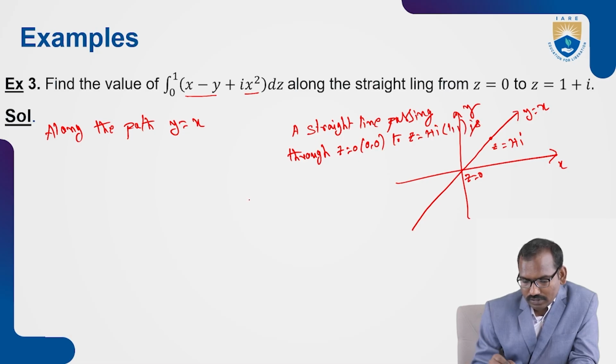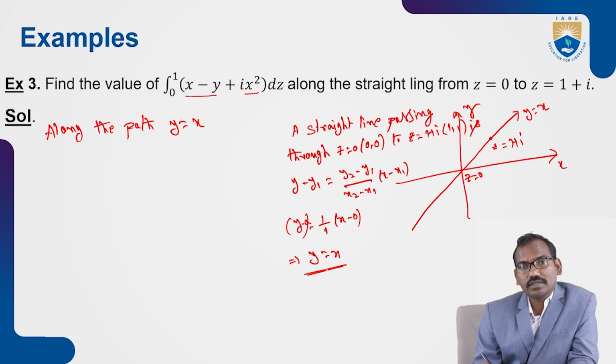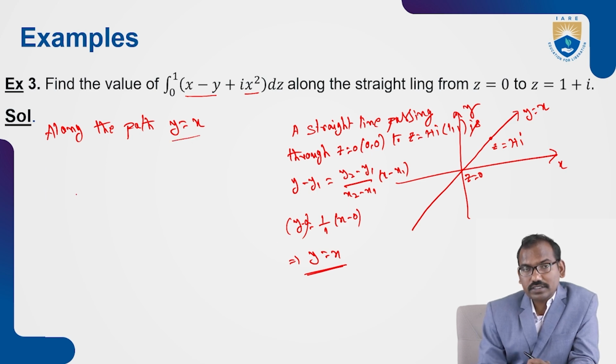We can write y minus y1 is equal to (y2 minus y1) by (x2 minus x1) times (x minus x1). You get y is equal to 1 by 1 times (x minus 0), here also y minus 0. So you get y is equal to x. This is the straight line path. Here we are taking y is equal to x.